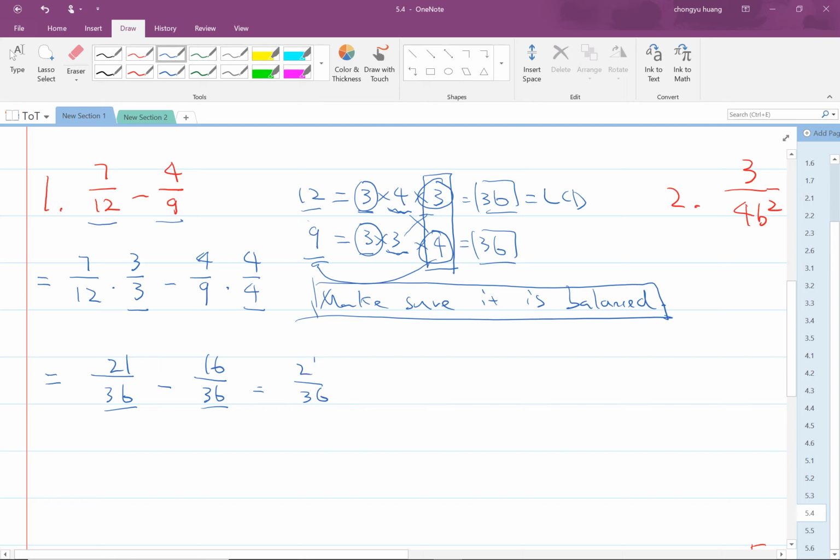So we have 36 as the denominator, and then we have 21 minus 16, and on the top we have a 5, right?